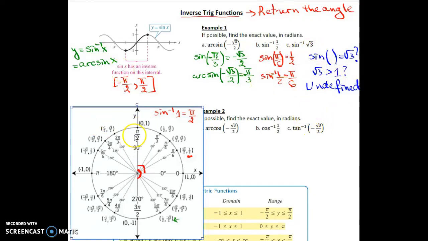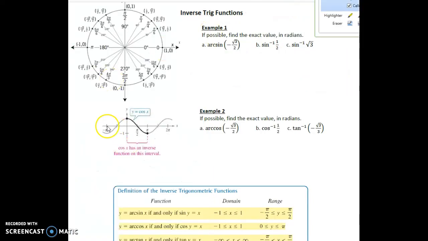I'm going to pause for a moment to move this unit circle, and we'll take a look at cosine of x and when cosine of x would have an inverse function. With cosine of x, if we limit the domain to be from 0 to pi, then this part of cosine would be able to pass the horizontal line test, and the inverse will exist.